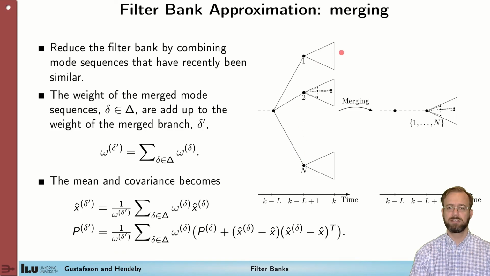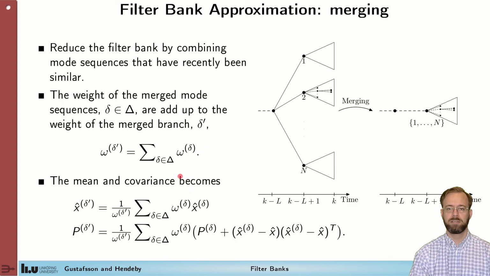So instead of cutting the most unlikely, which in the last slide was this one and this one, we now combine these trees here that are similar but only have a difference in one mode far back in time. And that should not modify or change the behavior much in the end here. So we say, okay, let's marginalize over this and get one tree for the end part here where everything is combined.